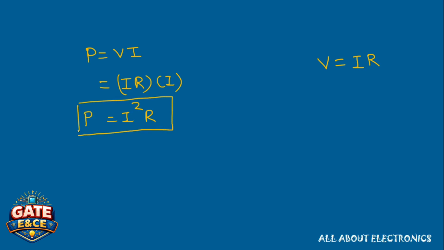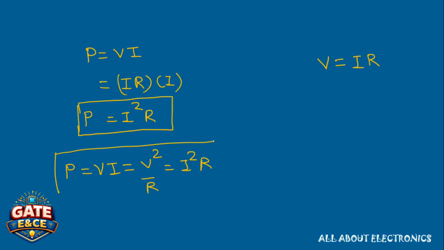So this power P, that is V into I, can also be written as I R into I, that is I square into R. So power can be defined as either the product of voltage into current, or V square divided by R, or I square into R. In this way we get a relationship between the power, voltage, current and the resistance in the circuit.